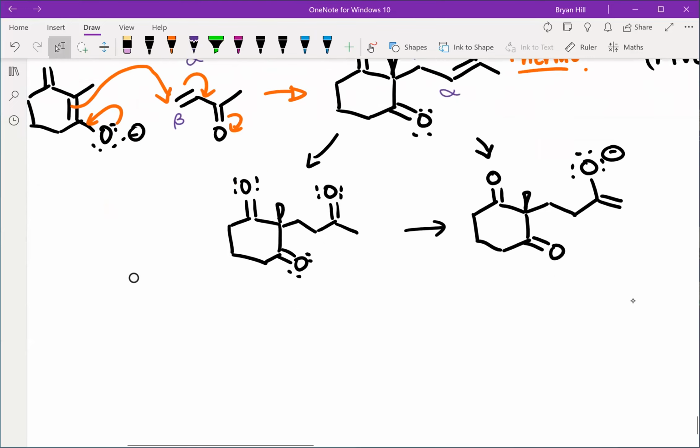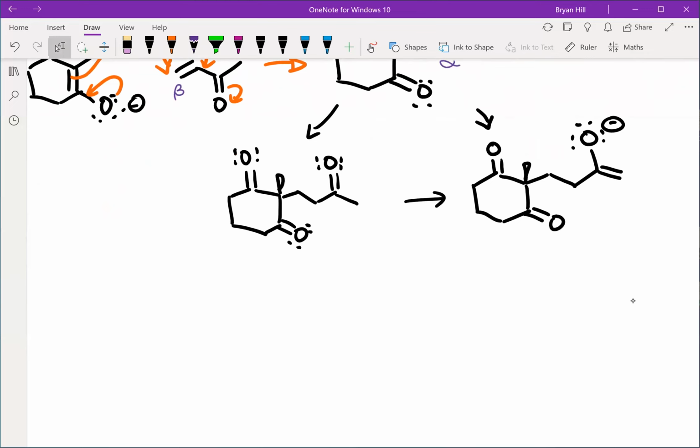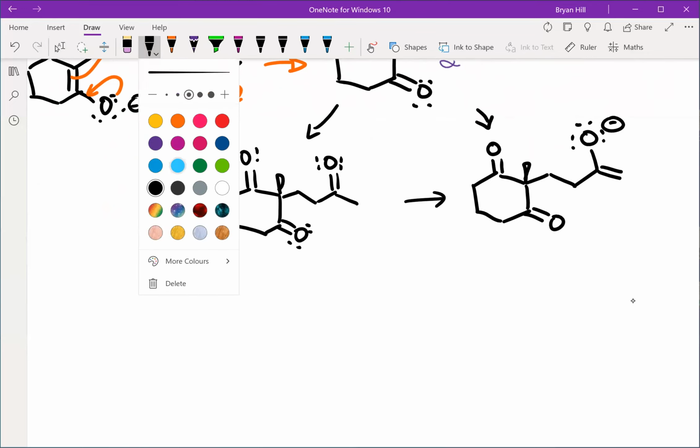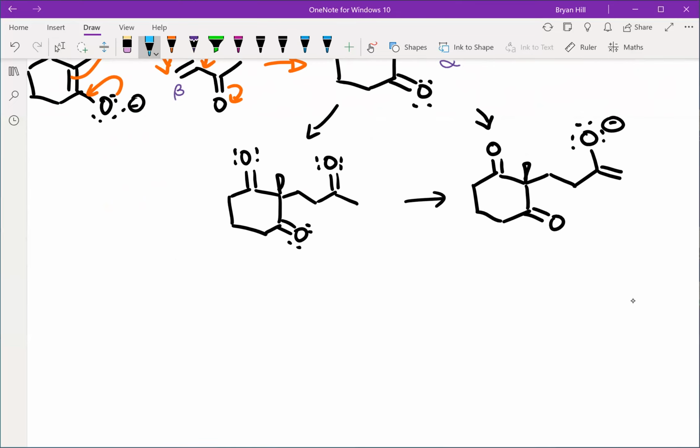But the neat part is that in this second step, we've got a ketone and we've got an enolate. In fact, it's a symmetrical ketone.